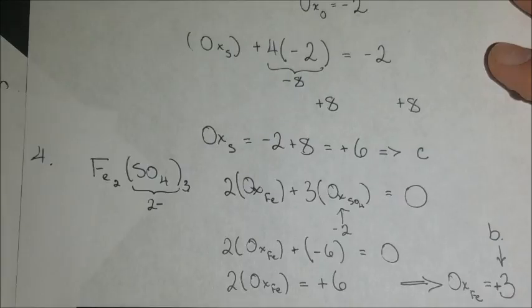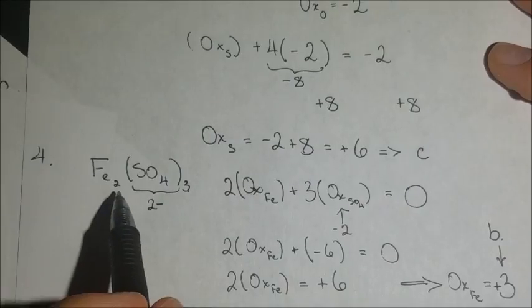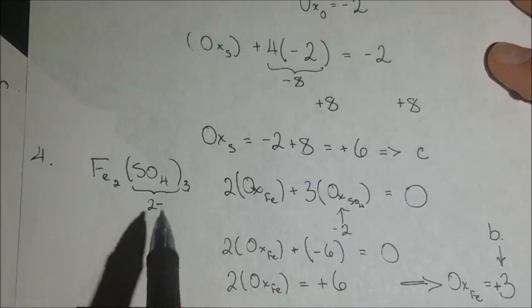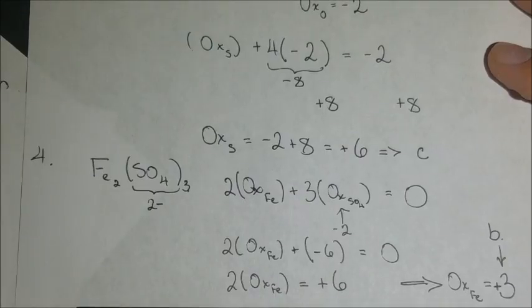So +6 plus -6 gives us 0, and the molecule is indeed neutral. So all of the charges balance out, and that works with our stoichiometry of having 2 irons and 3 sulfates. So I think that's a perfectly reasonable answer.